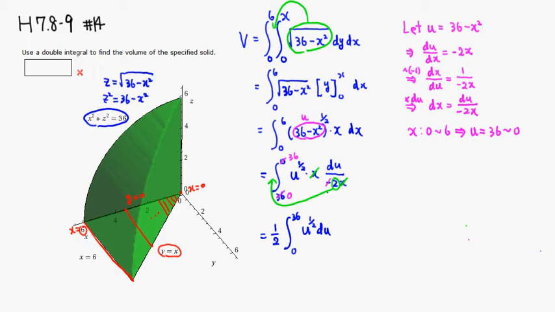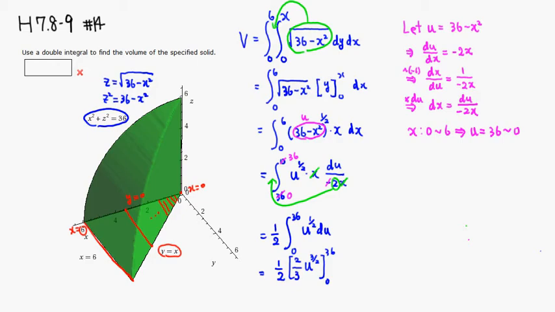Then this is going to be equal to 1/2 staying out here. The antiderivative of u to the 1/2 is adding 1 to the power, giving 3/2, then dividing by 3/2, which is the same thing as multiplying by 2/3. Then you are going from 0 to 36.